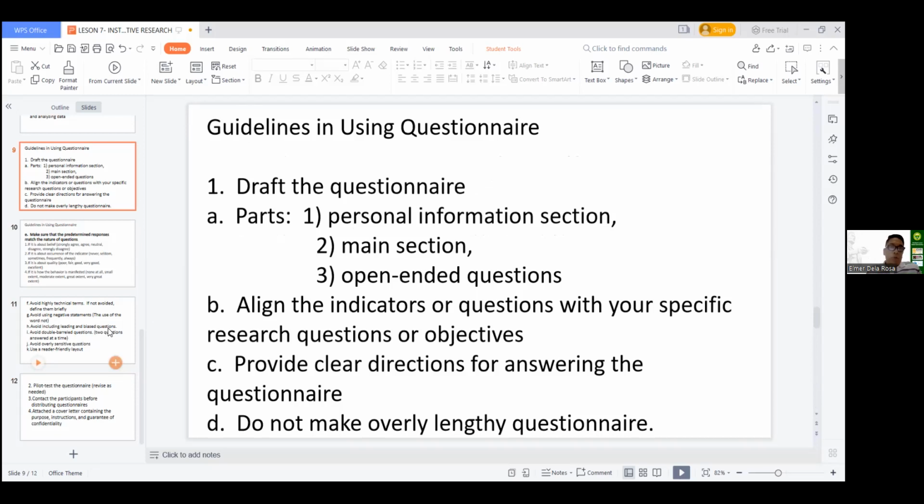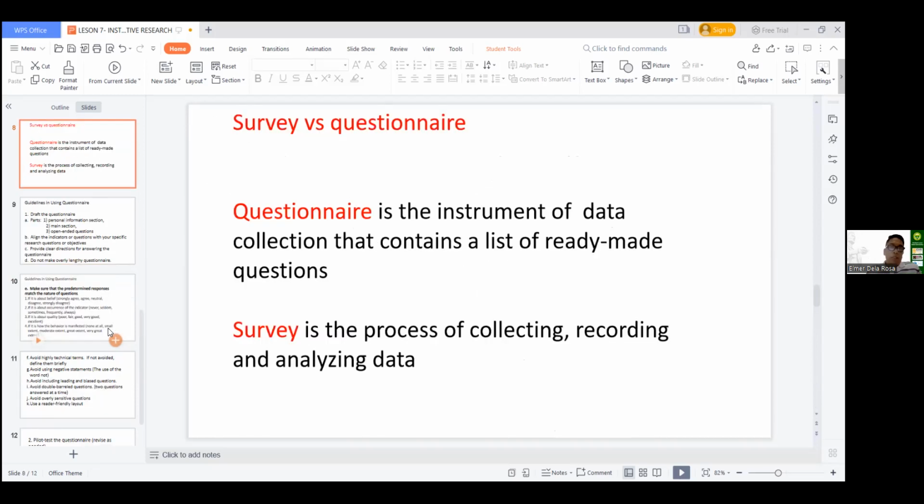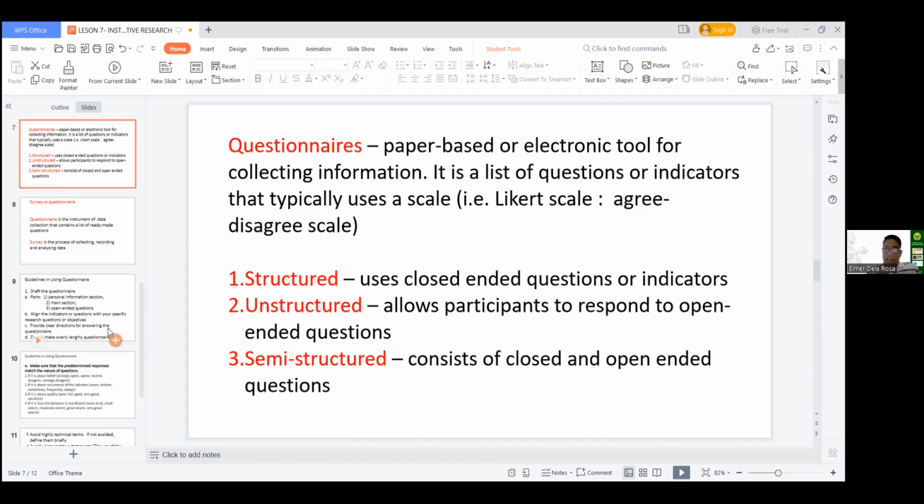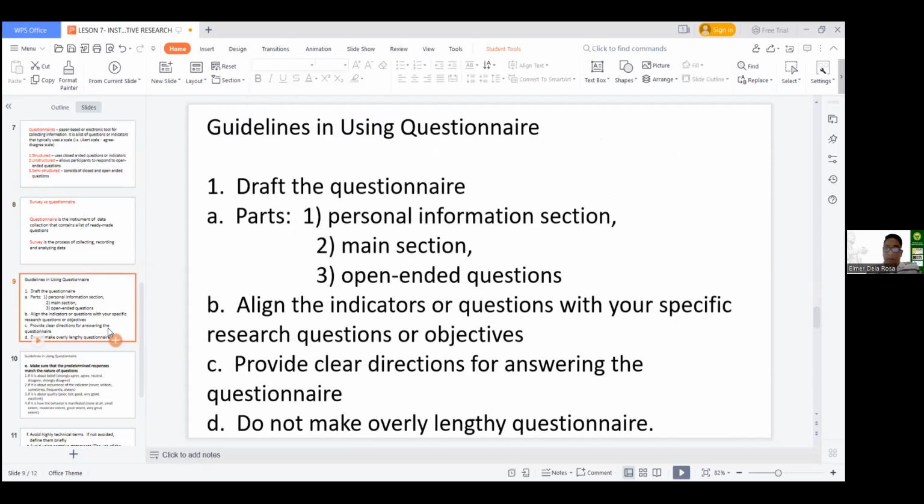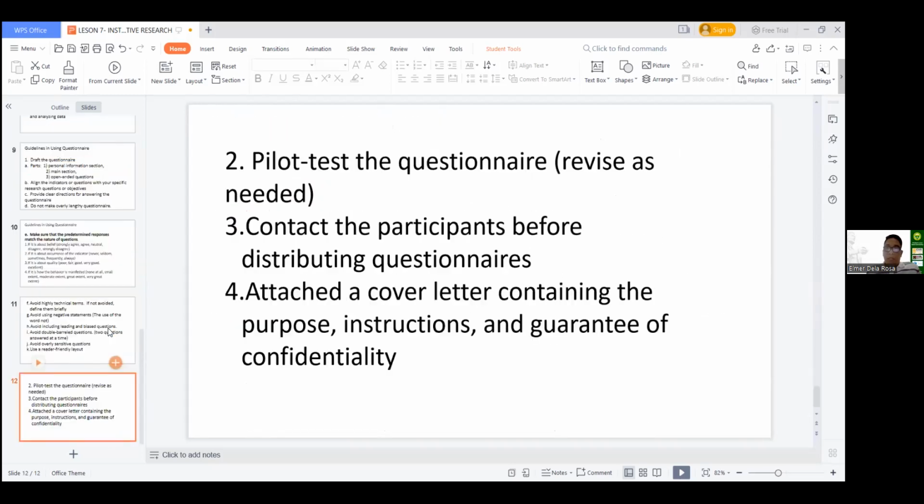Then I will also ask you as your assignment to come up with a sampling plan if you are going to determine it, yung iyong magiging response. Do you have any question at the moment? None po. Can I stop my screen now? Share.